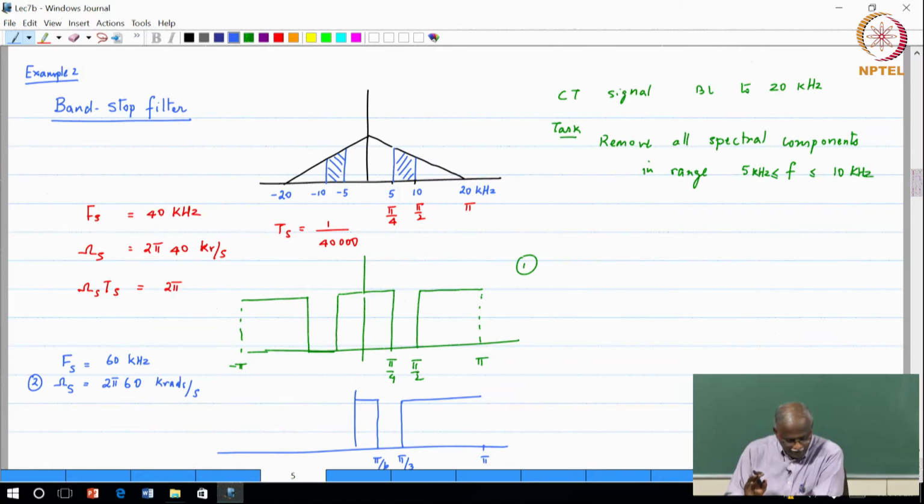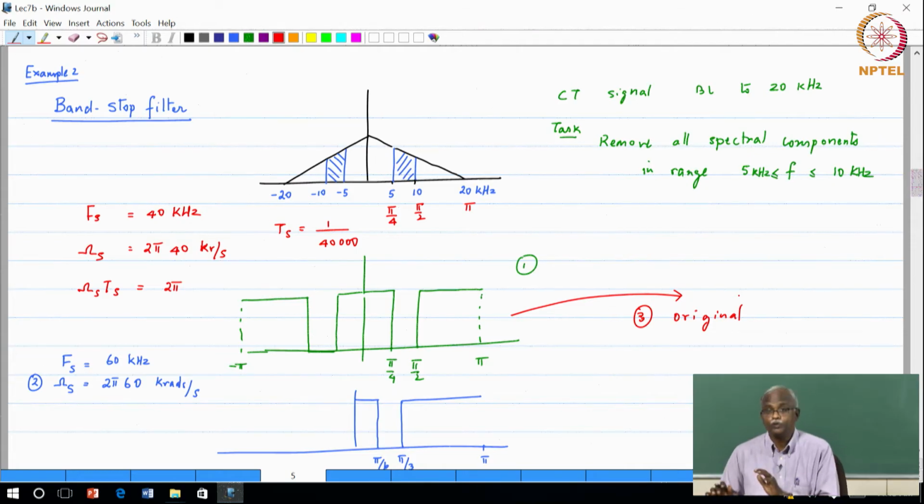Now if I had kept the original filter, this is observation number 3. So if I had kept the original filter, that means I had retained this filter, which is cut off from pi by 4 to pi by 2, that is the band stop portion, but I had sampled my signal at 60 kilohertz. Okay. So which portion of the spectrum did I remove?